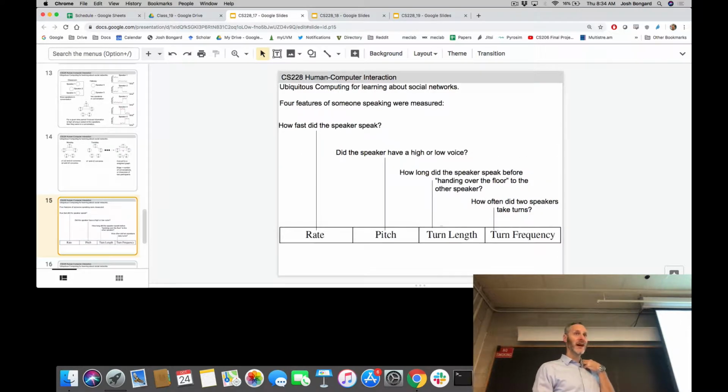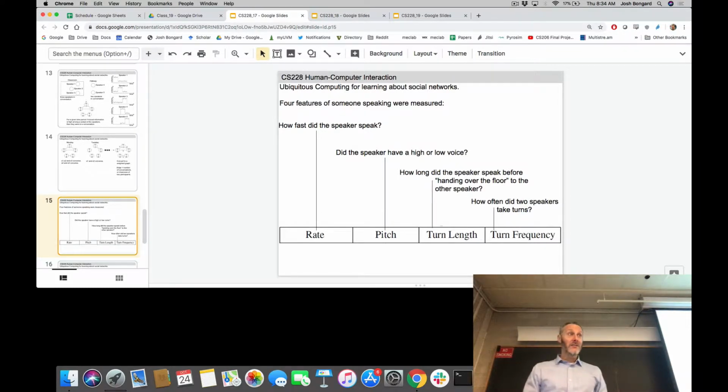And then given that social network, can we ask questions about where they sit in that social network, who they're speaking to, and whether and how that influences the way that they speak to other members of the group.